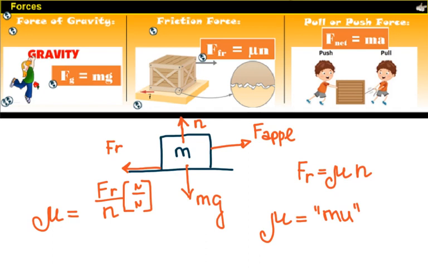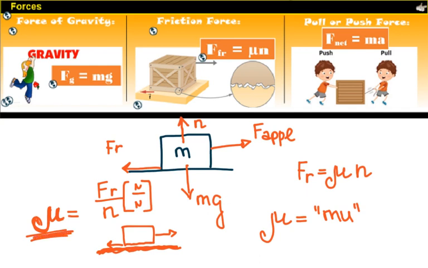What does the coefficient of friction depend on? The coefficient of friction depends only on two surfaces in contact. So if I have, let's say, a metal surface and a box made of plastic, when you pull that plastic box along the metal aluminum surface, you're going to have a certain mu. But if it's concrete, the contact between that plastic and concrete is going to be a different mu.